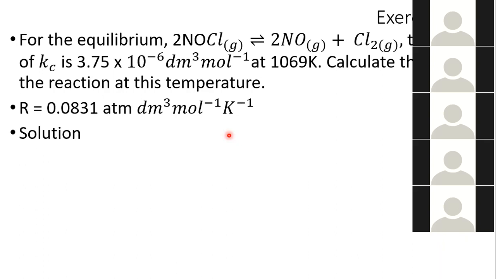So I'm getting 3.3313 times 10 to the power negative 4. Units: atm Kelvin raised to the power negative 1. Okay. Who else?